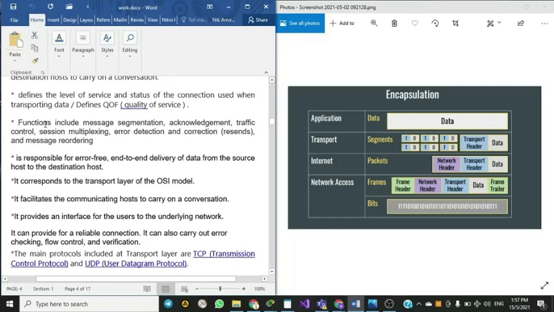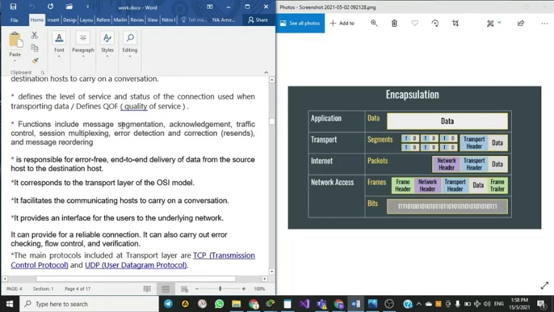So that's that. Functions include message segmenting, acknowledgement, traffic control, session multiplexing, error detection and correction, resending, and message reordering.